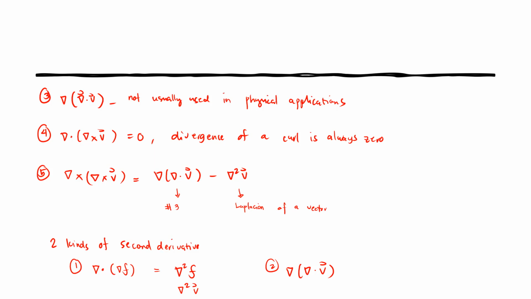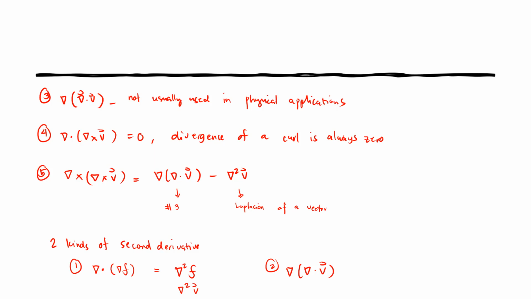Okay. Now take note that this notation here is just the same as this, number 3. And then this one, we have the Laplacian of a vector. Okay, so therefore, there are only two kinds of second derivative.